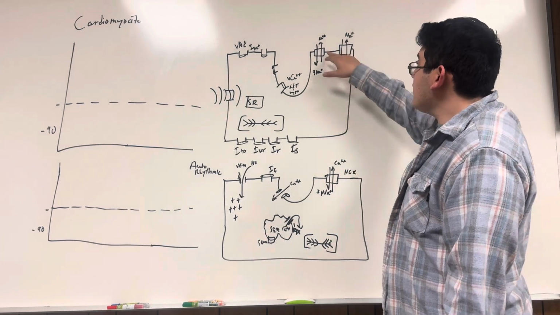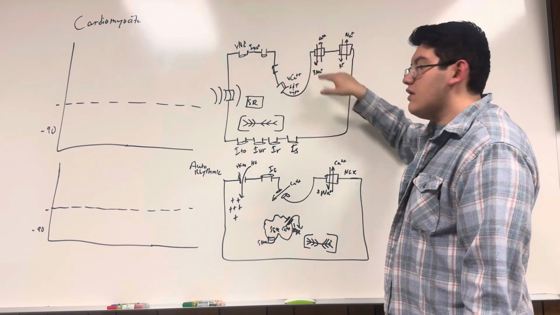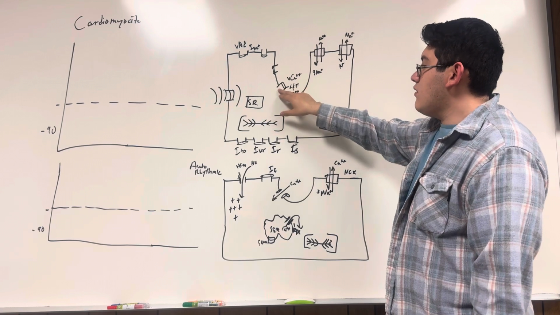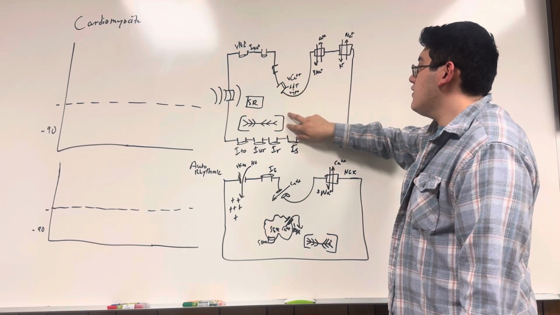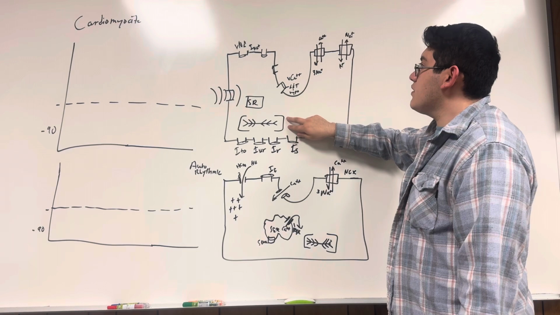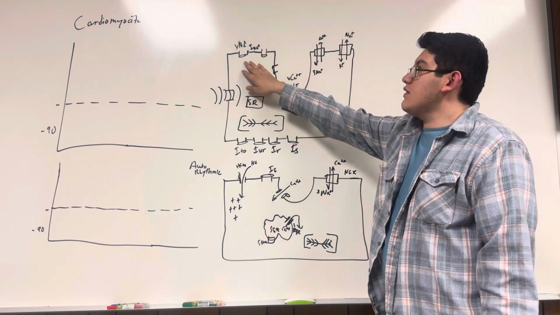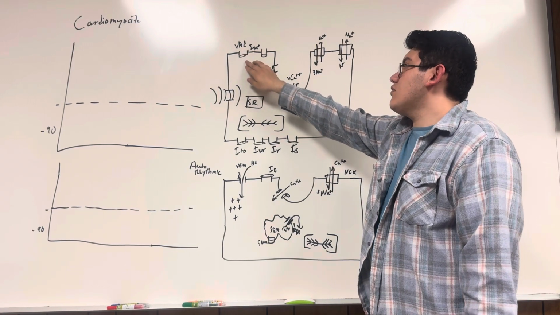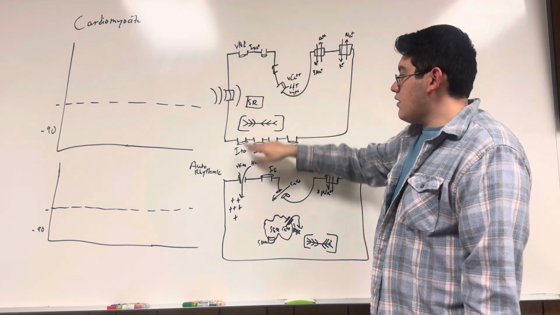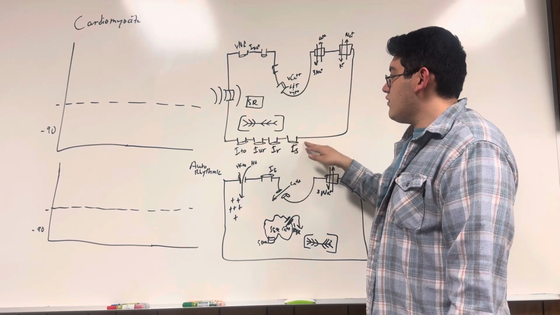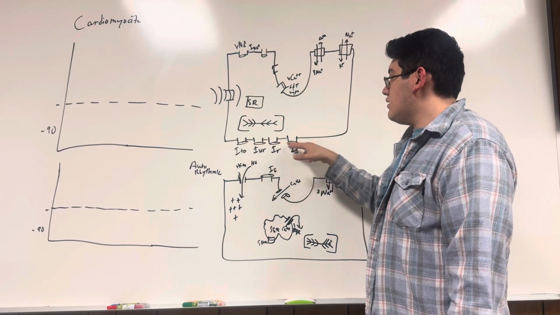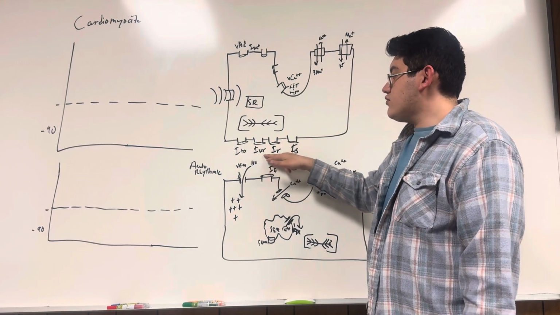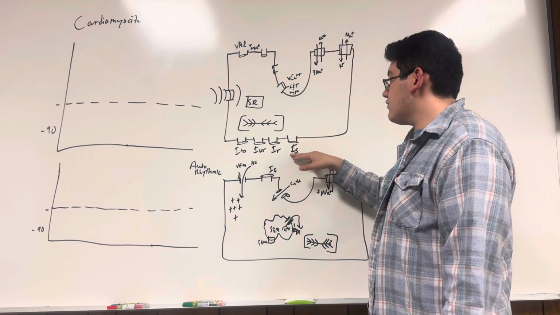As you can see, we also have the NCX here, and then we also have L and T type calcium channels here. We have an SR, and then we have the sarcomere here. But we also have a couple other things in the cardiomyocyte. We have a voltage gated sodium channel known as the INa. We have 4 different gated channels here: the I transient, the I ultra rapid, the I rapid, and the I slow.